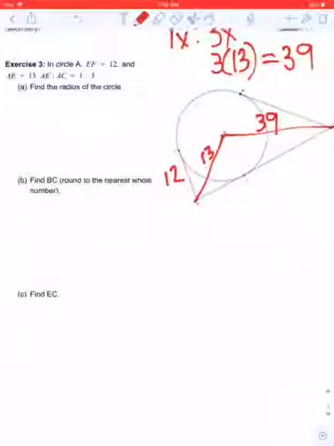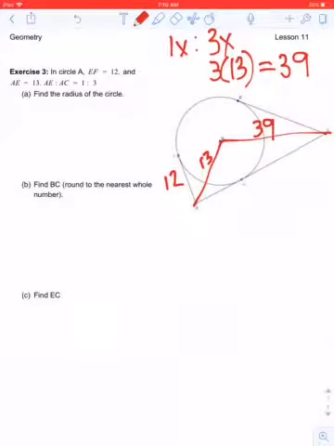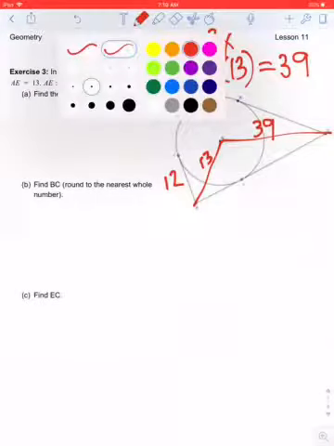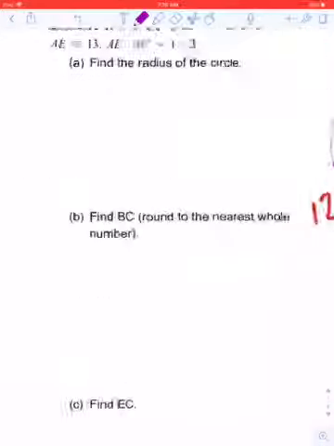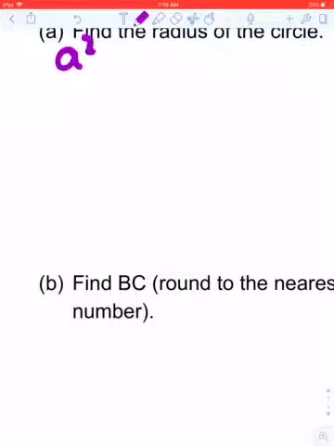It says find the radius of the circle. How am I going to find the radius? Well, if I take a look, we know that here's a radius AF, and they meet at a right angle. So I can use the Pythagorean theorem to go ahead and find my x over here. So I have a squared plus b squared equals c squared.